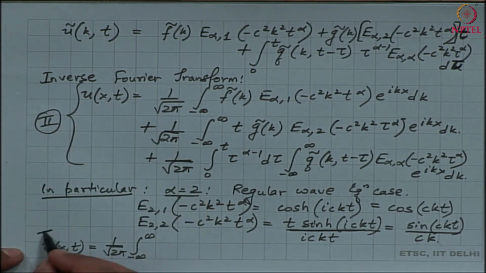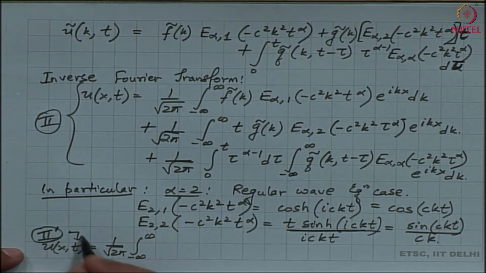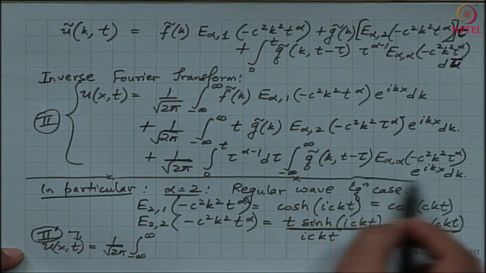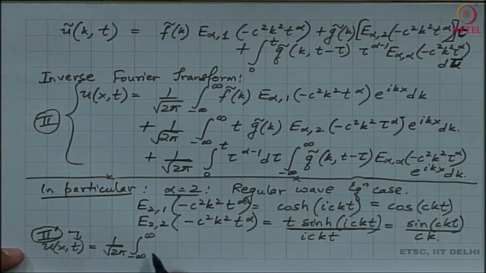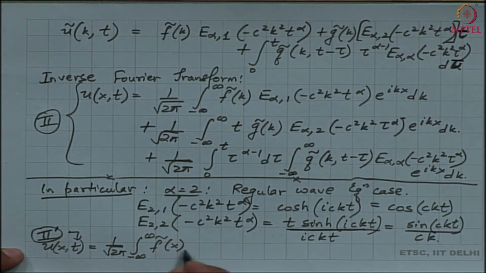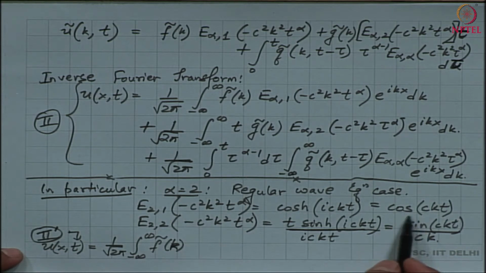So my 2 in this case, let me call this 2 prime because this is a particular case. So in 2 prime my solution looks as follows. It is the integral of the Fourier inverse of f tilde of k times, note that E of 2 comma 1 gives me cos k c t.